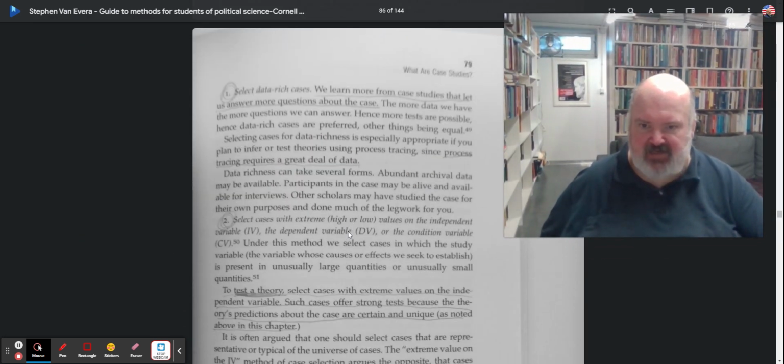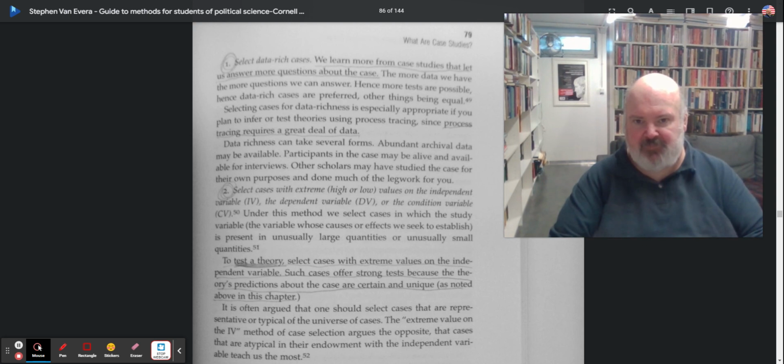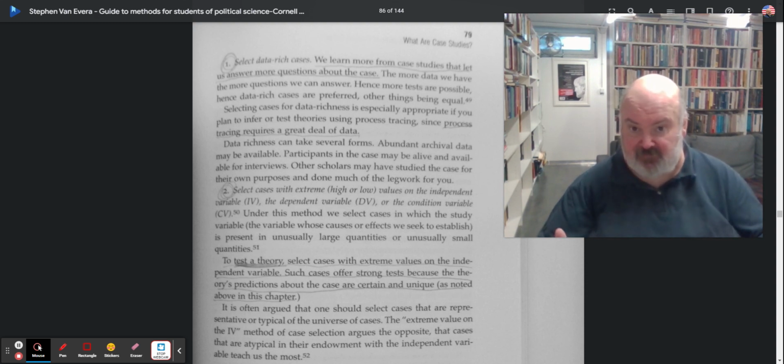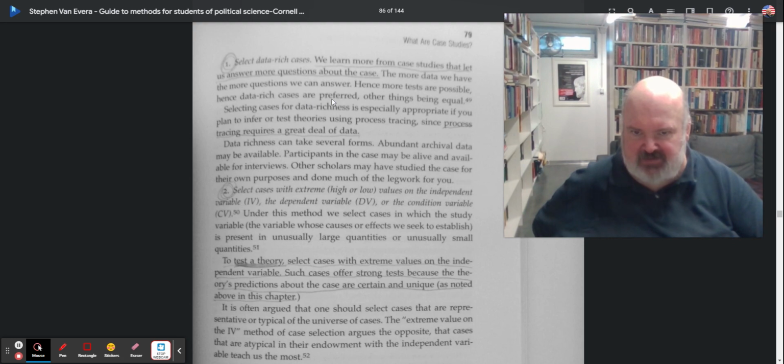So first, select data-rich cases. We learn more from case studies that let us answer more questions about the case. The more data we have, the more questions we can answer, hence more tests are possible. Hence, data-rich cases are preferred, other things being equal.